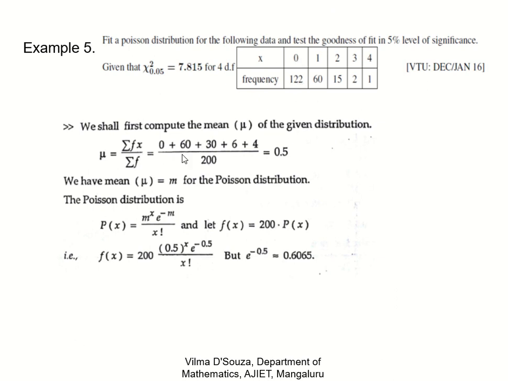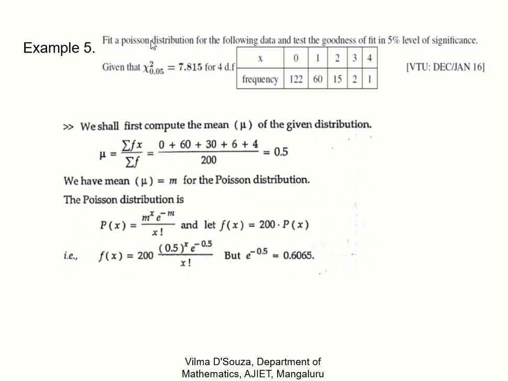So that is 0 into 122 plus 1 into 60 plus 2 into 15 plus 3 into 2 plus 4 into 1, divided by summation f, 122 plus 60 plus 15 plus 2 plus 1. Calculate, you will get it as 0.5. So mean mu of the given distribution is 0.5.